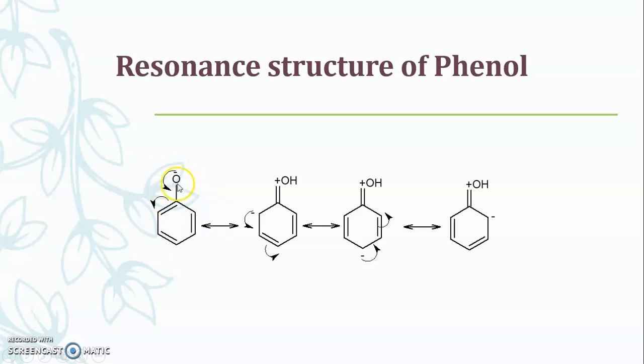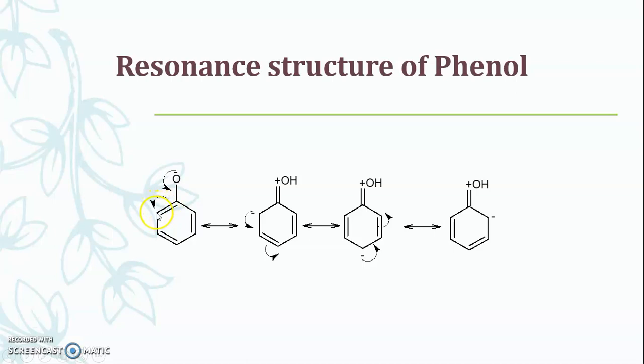Now we know the phenoxide ion has a negative charge. First, this negative charge, that is the electrons, is shifted to this carbon atom. So the valency of this carbon atom becomes 5, and we know carbon has a valency of 4, due to which it breaks the bond with the neighboring carbon atom, because pi bonds are very easy to break.